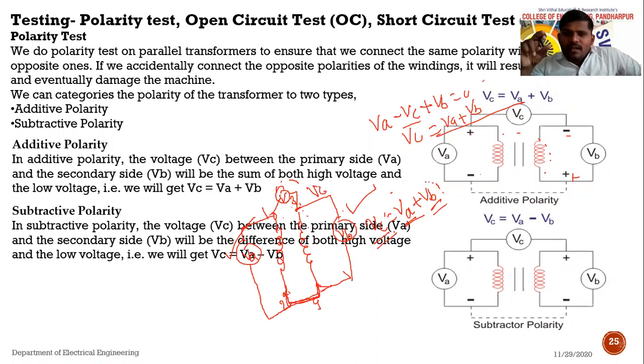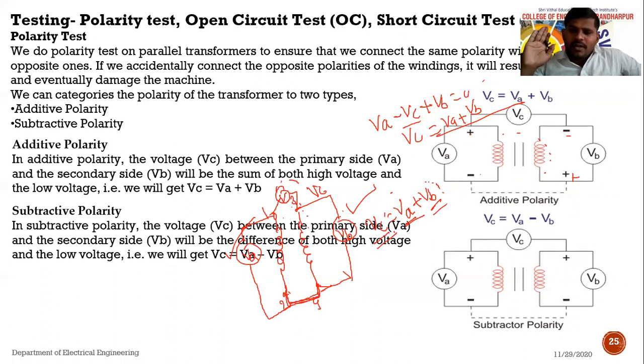If the voltmeter connected across these two terminals shows the difference between the voltage across the primary winding and the voltage across the secondary winding, then it is subtractive polarity.